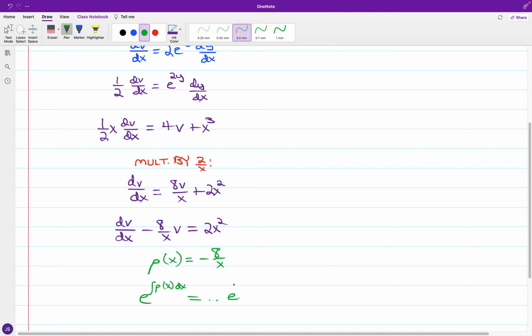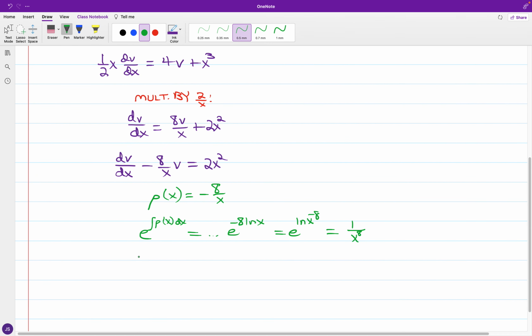And guess what? That's going to be e to the negative 8 times the natural logarithm of x, and the integrating factor is going to reduce to the reciprocal of x to the 8th.